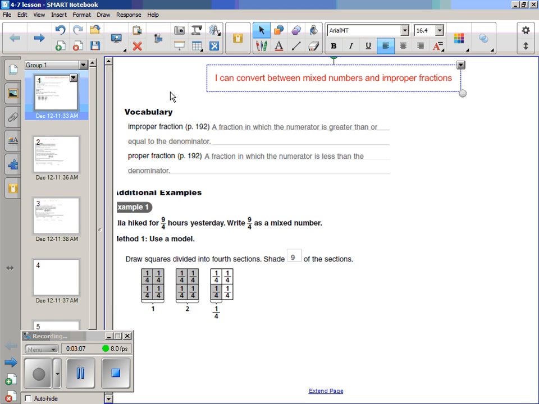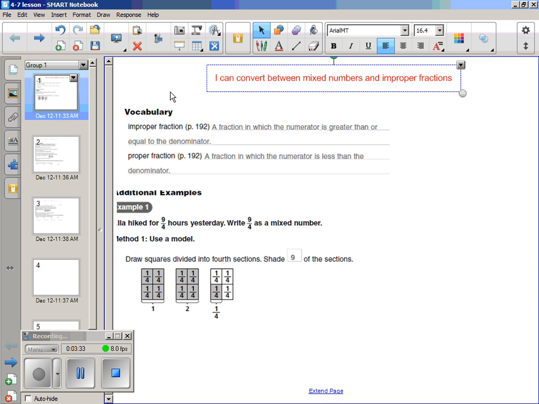Okay? So here are some additional examples. Ella hiked 9/4 hours. Did Ella hike for more than an hour? Yeah. How do you know that Ella hiked for more than 1 hour? Did everybody hear that? Awesome.